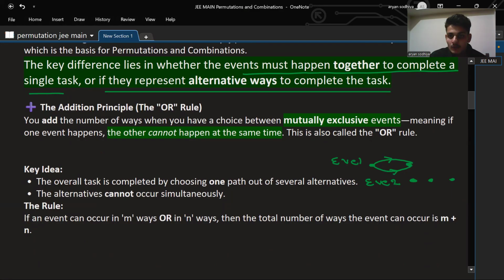In event 2, first I need to go from A to B, then to C. So in the first event, I need to go from A to B. If I need to go from A to B, what is happening? This is the first path and this is the second path.